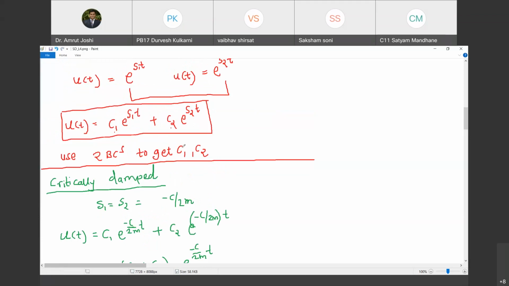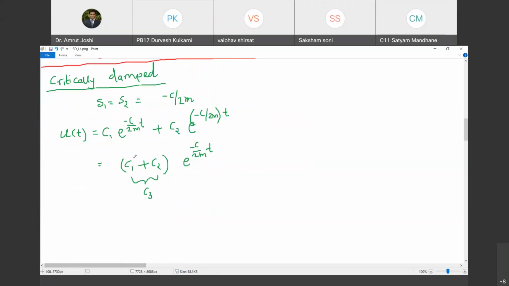Yes, sir. So now just see what I am going to do. What I am going to do now is this. I am going to write u of t. Don't ask me why. This is the result from mathematics that we can borrow.